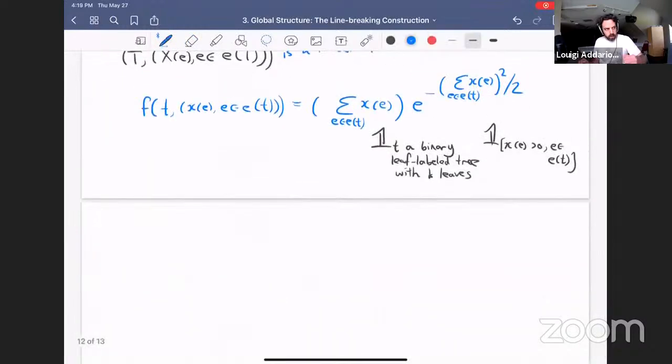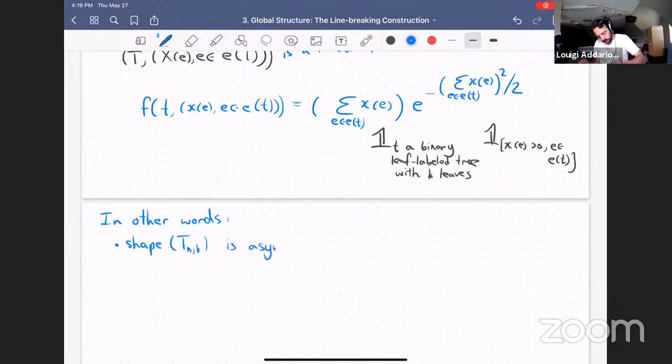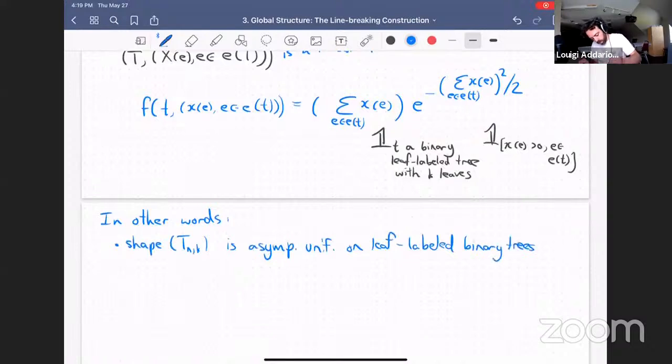Let's make some observations. Okay, so this says that the shape of T_{n,k} is asymptotically uniform on leaf-labeled binary trees with k leaves.